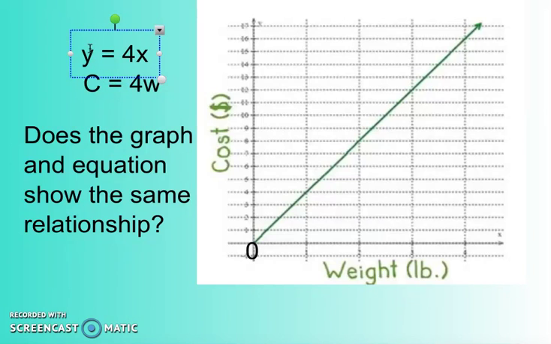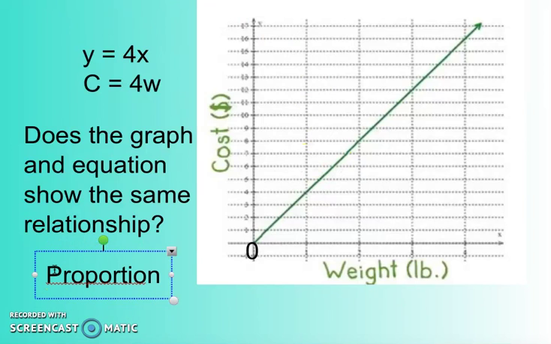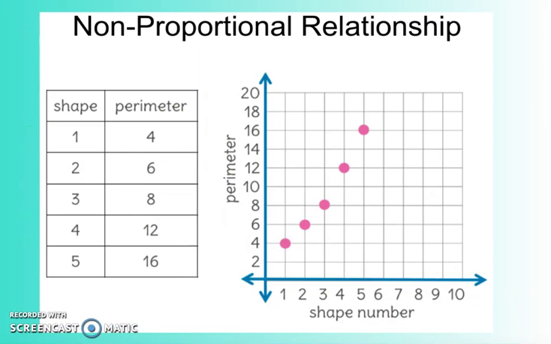I mean, it's the same thing. Remember, with variables, we can use any variable to represent our relationship. And the 4 is our slope. It's telling me that for every 1 that I run for weight, I rise 4 in dollars in costs. Okay? And so this is a proportional relationship, because it fits both of the criteria.